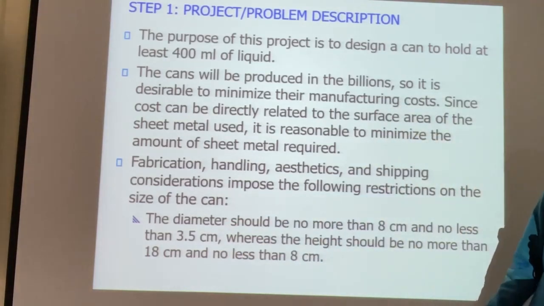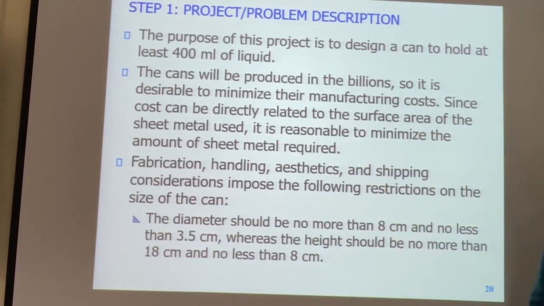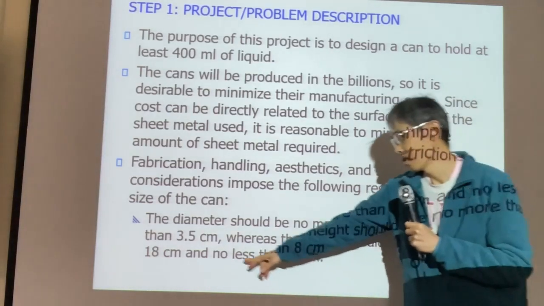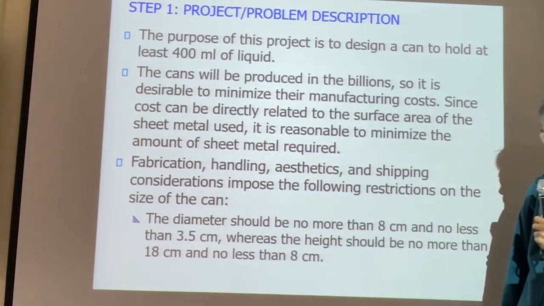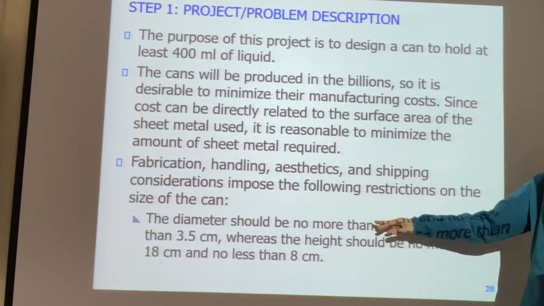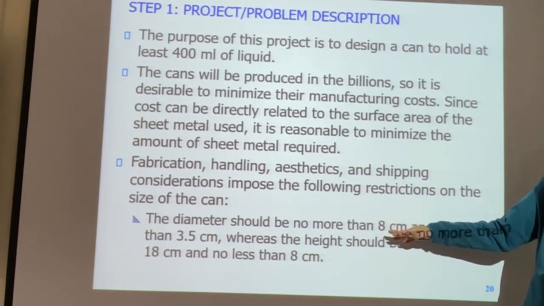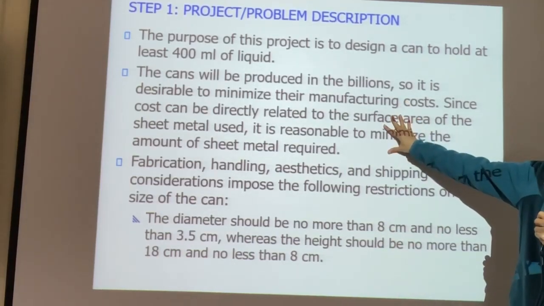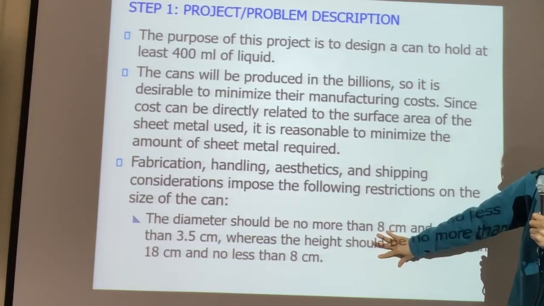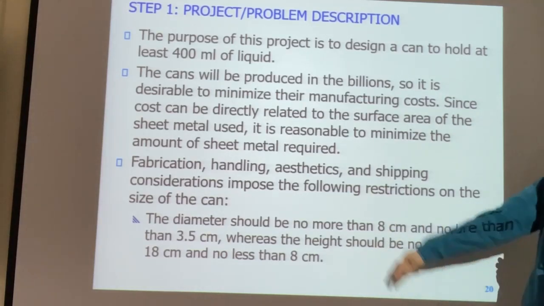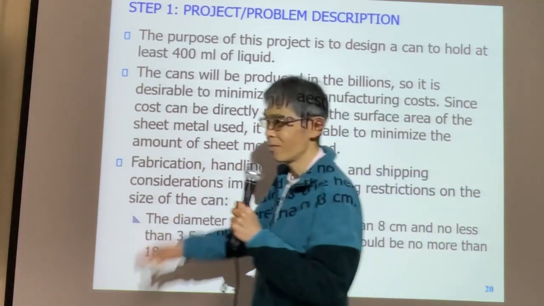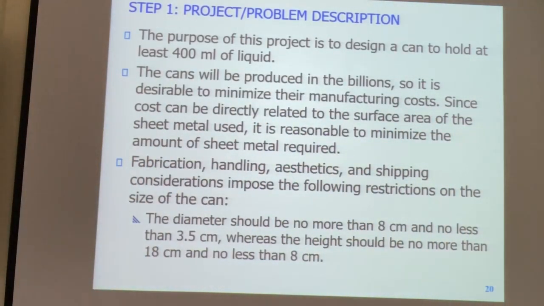So the diameter should be less than 8 centimeters. It cannot be too small, otherwise it may drop. So 3.5 centimeters. So you know, these are the design variable constraints. They appear here. So objective function, constraints, and this is another constraint. So you have some idea about this problem.